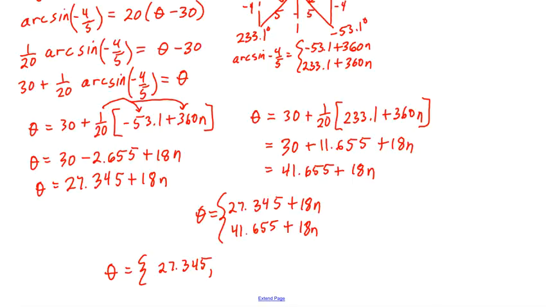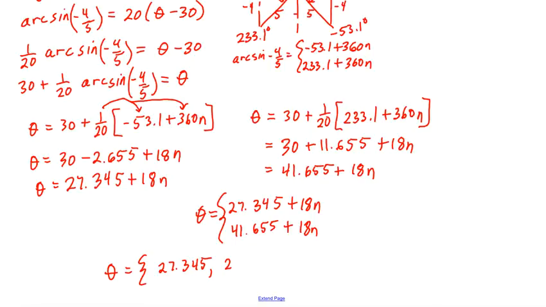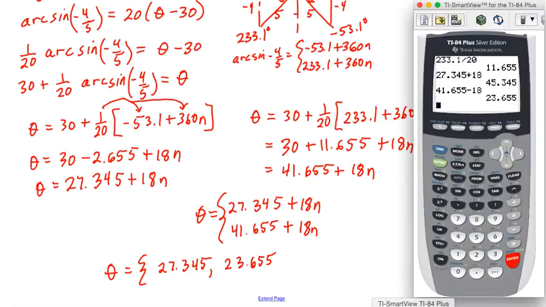But if I add 18 to 27.345 when n is equal to 1, that's too big. How about 41.655 when I subtract 18? Is that a particular value that I want? 23.655. How about if I subtract 18 again?